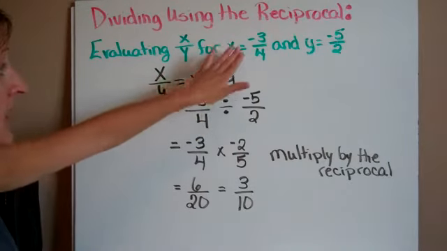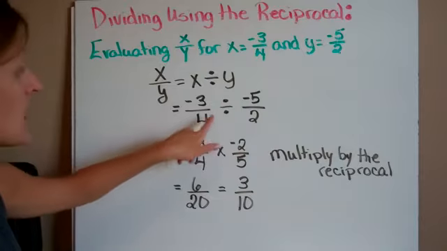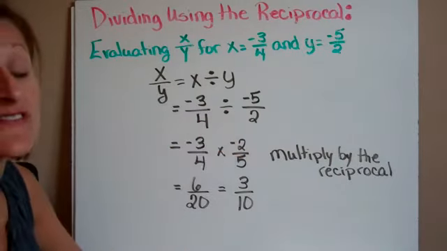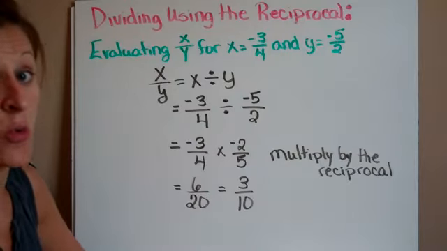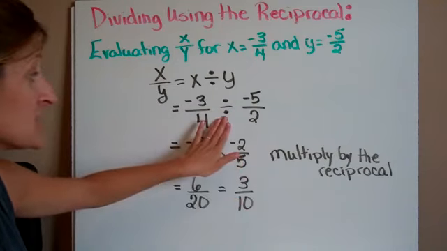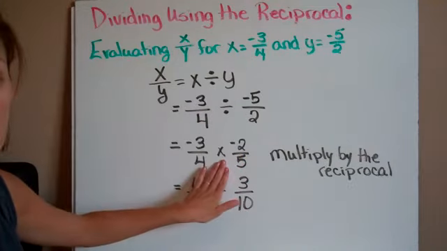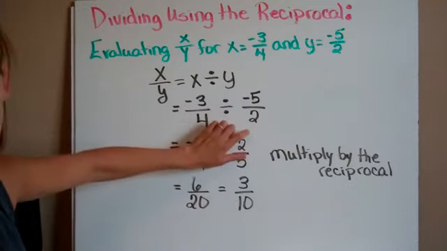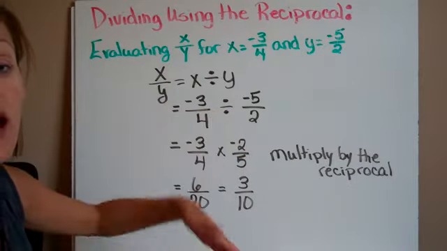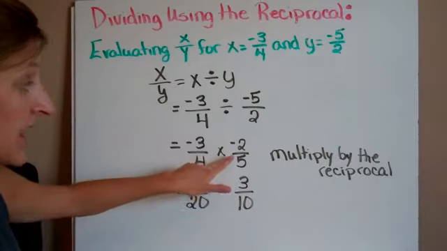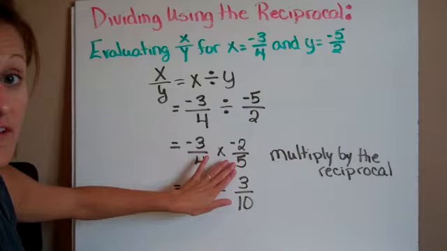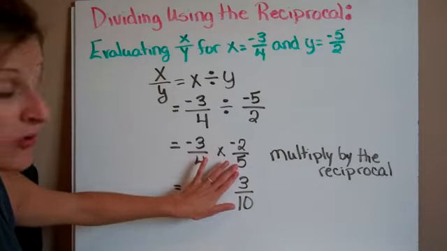So I plug in -3/4 for x and -5/2 for y. Now remember, when we're dividing fractions, we keep the first the same, we change the division sign to the multiplication sign, and we take the reciprocal of this. So if it's negative 5/2, then I flip the fraction and make it negative 2/5. This is the multiplicative inverse, which is also called the reciprocal.